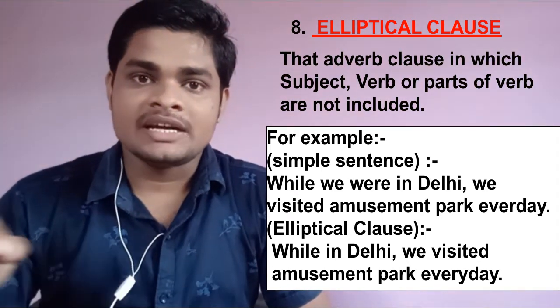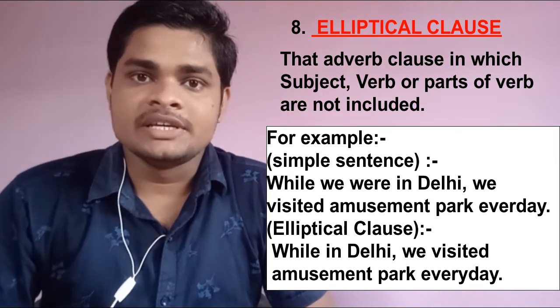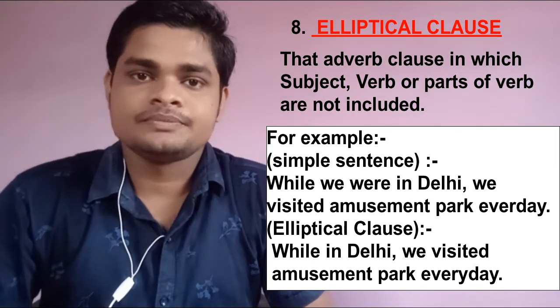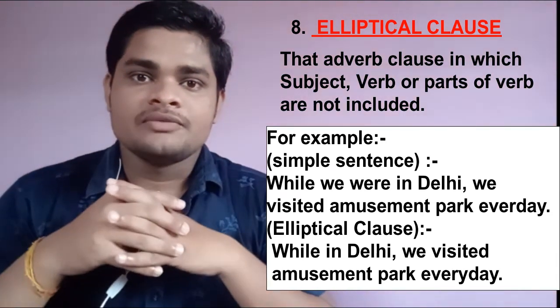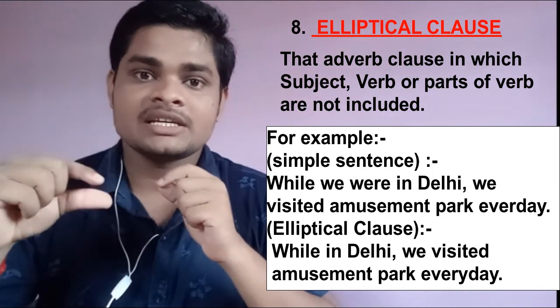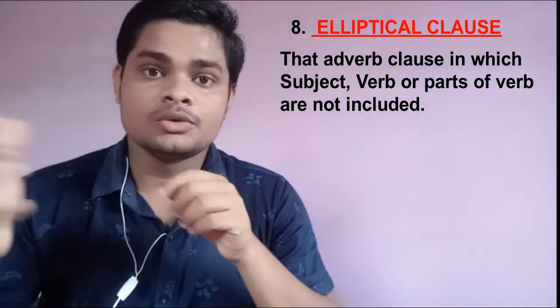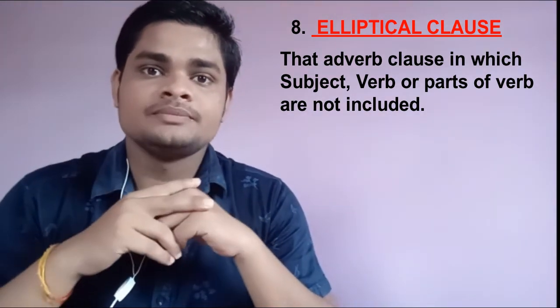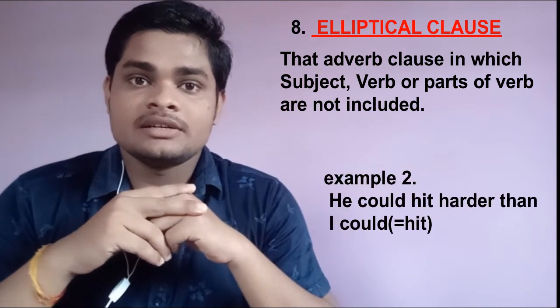Now, if we write it as an elliptical clause: while in Delhi, we visited the amusement park every day. So in this example, we clearly see that we do not use 'we were', the subject is not included, but it is hidden. No need to include that. Second example, I will take: he could hit harder than I could.